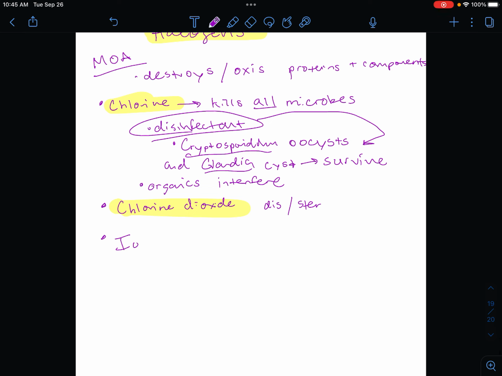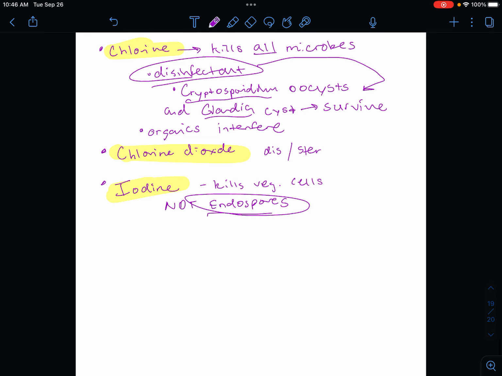Another larger one is iodine. This kills vegetative cells, but not endospores. So again, the endospore is extremely resistant, already a large issue. Iodine won't work on it. This is an iodophor actually.